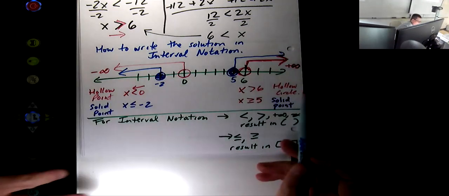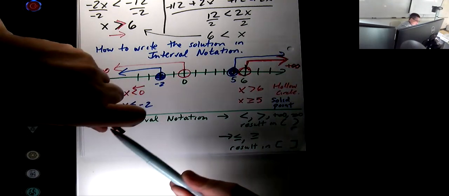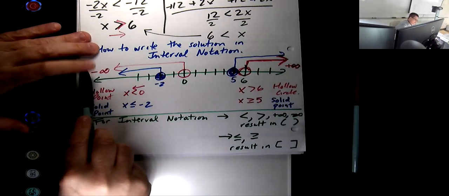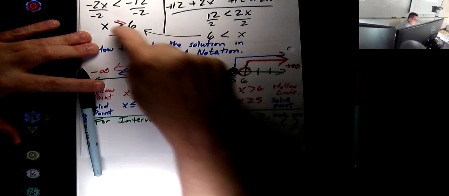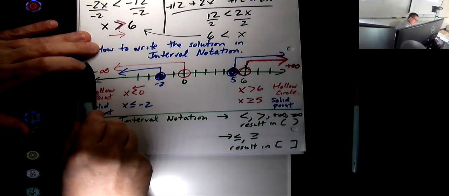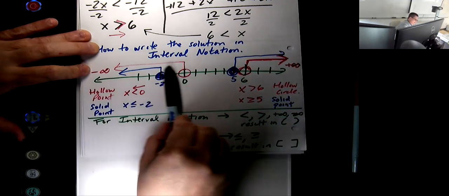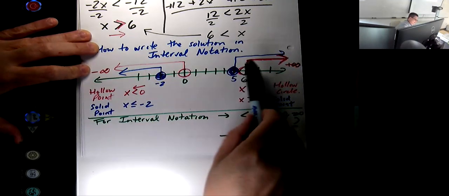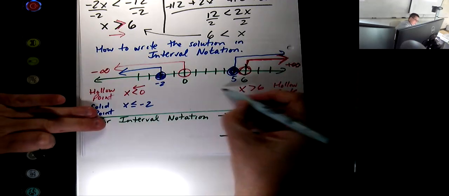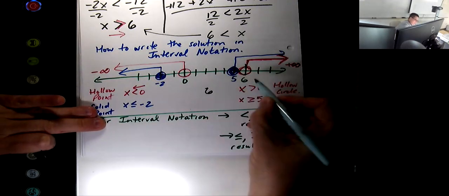So the way you write interval notation, start with your pin on the left. I'm going to do the X greater than 6 one to start with. You start on the left and then you go until you hit the line you were looking for. This is the line I was looking for. X is greater than 6. I start at 6.